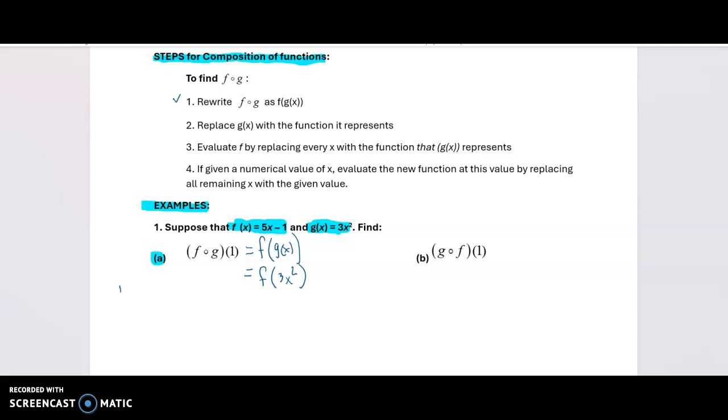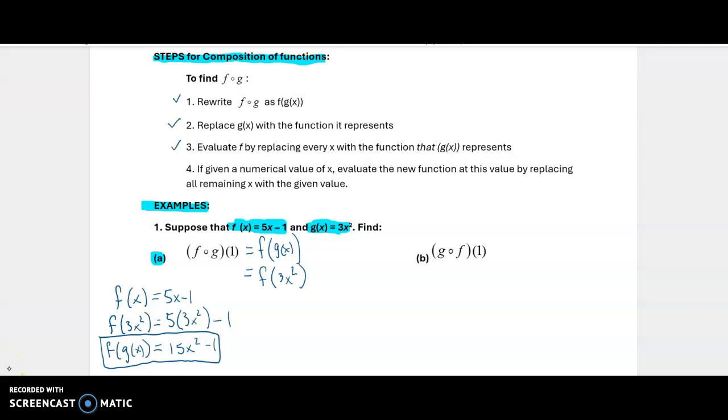Now I have my function f of x equals 5x minus 1. So if I'm finding f of 3x squared, that's 5 times 3x squared minus 1, or 15x squared minus 1. That's what our f of g of x is equal to.